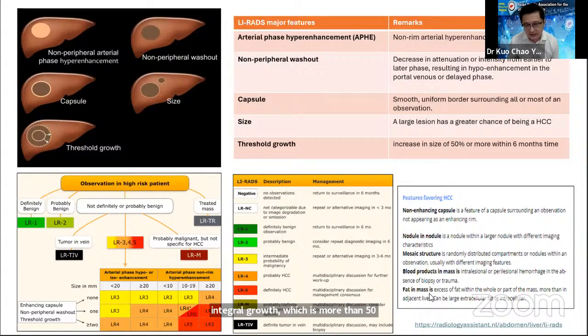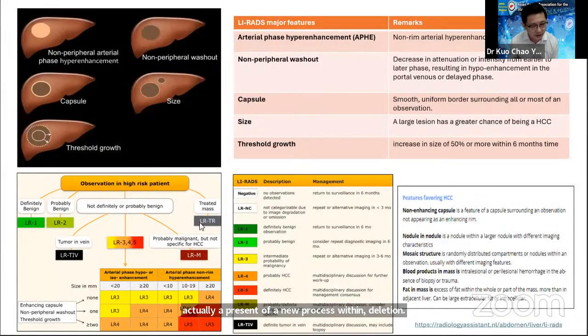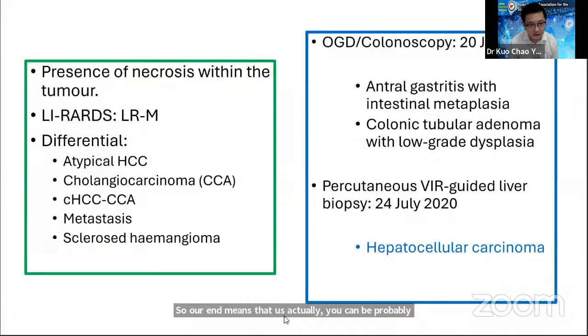Of course, there are some other features that can assist radiologists or us to differentiate whether this could be HCC or another condition. When I discussed with the radiologist, they said there is necrosis within the lesion, which is not very typical for HCC, so they labeled it LR-M. LR-M means it can probably be malignant, but can also be non-HCC specific.